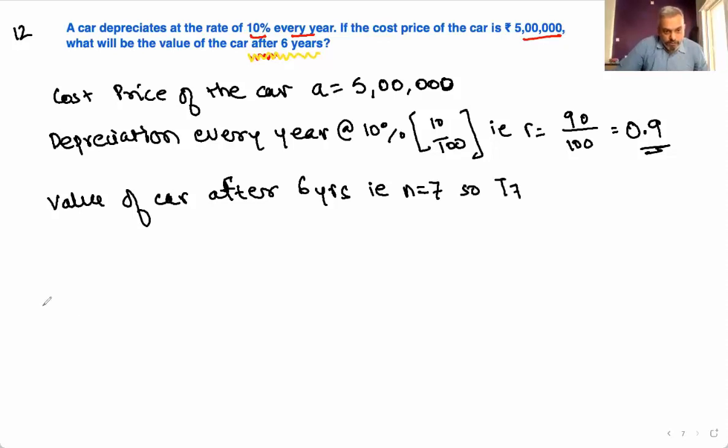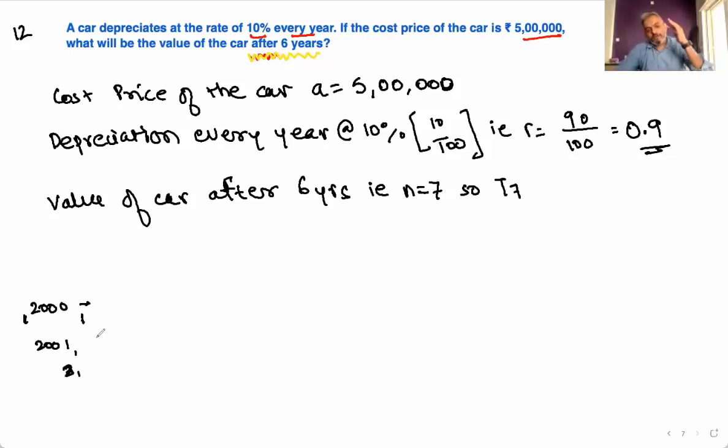So T7 how? ध्यान दो. See 2000 साल में मैंने खरीदा 1 जैन को, तो 2000 के बिगनिंग में और उसके एंड में. So 2000 में there will be two terms. 2001 के एंड में. So second term 2002 के एंड में, यानी थर्ड टर्म.